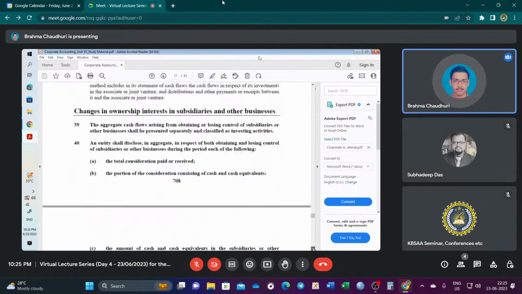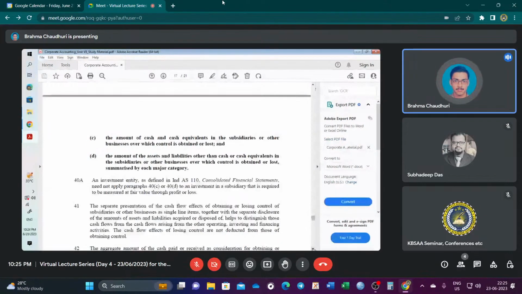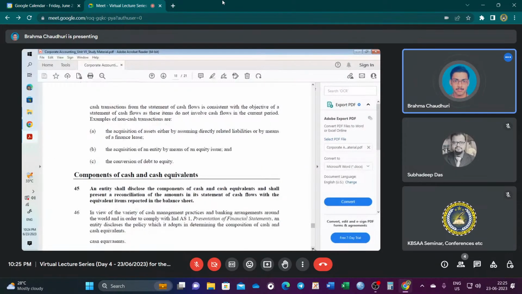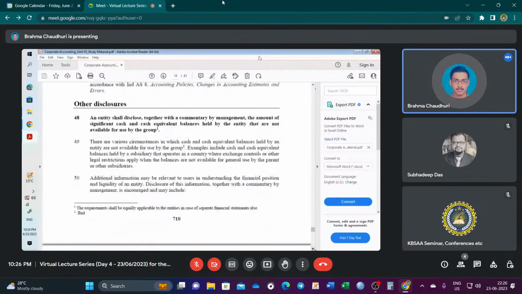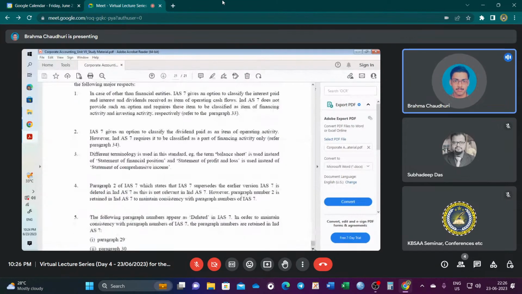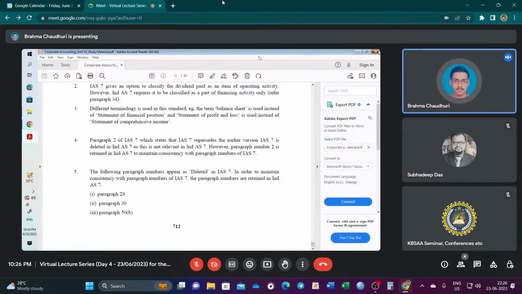Then whether there is any change in ownership interest in subsidiaries and other businesses, that also has to be separately shown and disclosed. So this is all about the cash flow statement and Ind AS 7. Students must refer to this Ind AS 7 if they face any problem while solving the cash flow statement.